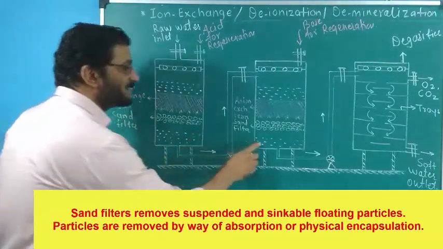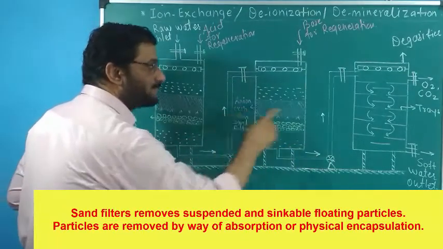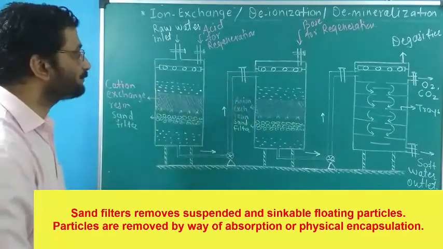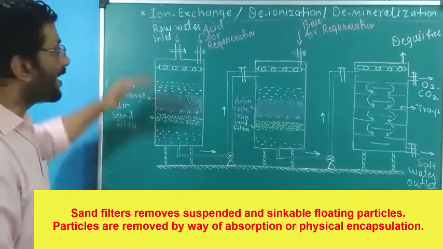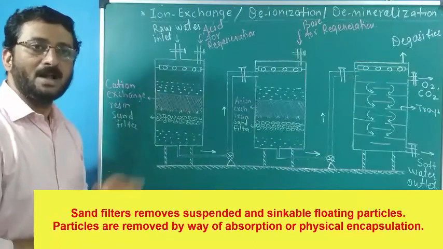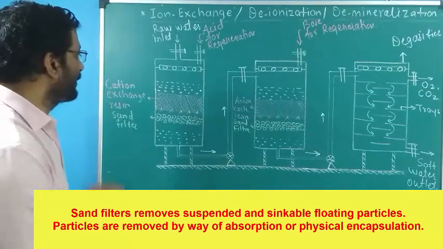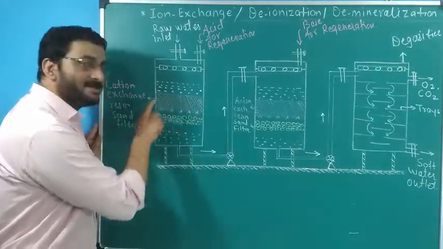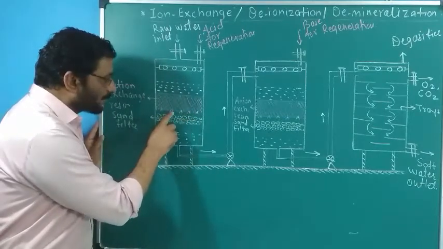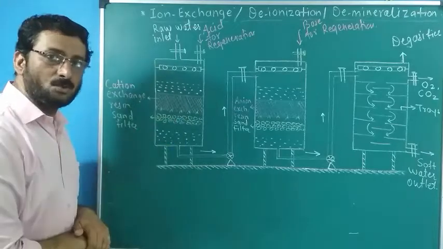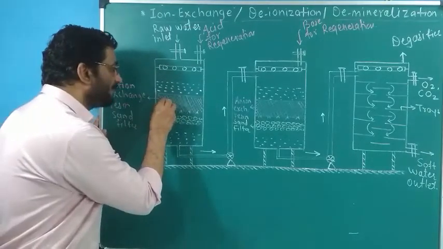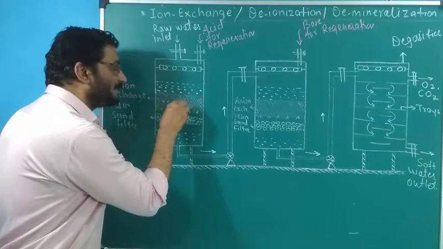These 3 tanks are connected by pumps and pipes. When you allow the hard water to pass over the bed of resin at a specified rate, the first resin, which has a perforated support, will trap the cations. So the water is allowed to pass, and positive soluble ions get trapped here.